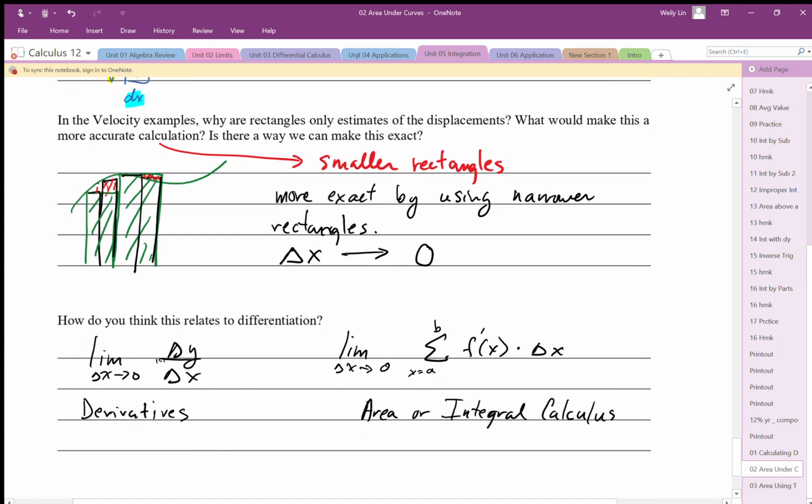We're going to start summing up these areas in a more concise way, using a limit, so that now we're talking about exact areas. And we're going to relate these exact areas to something called an antiderivative, but this is later on.